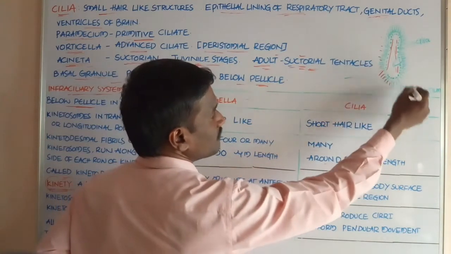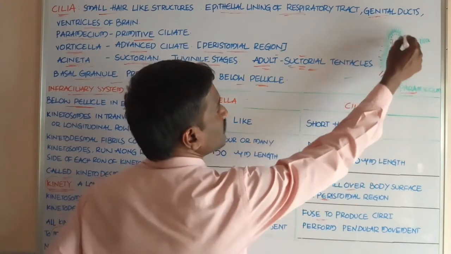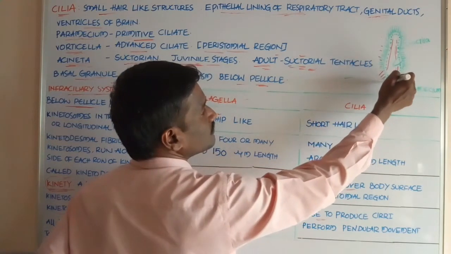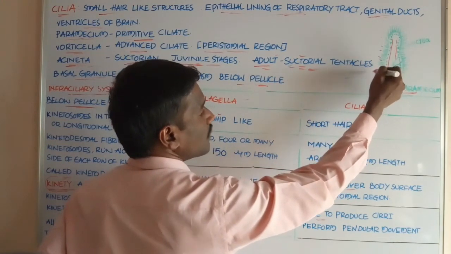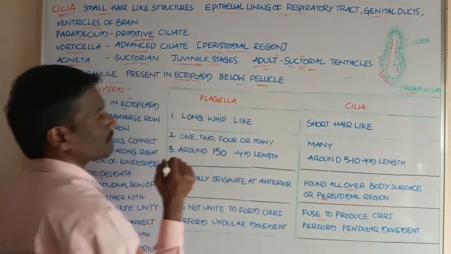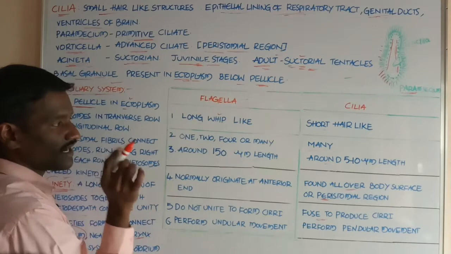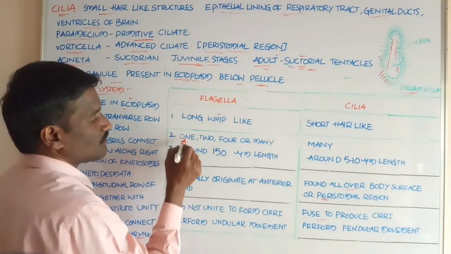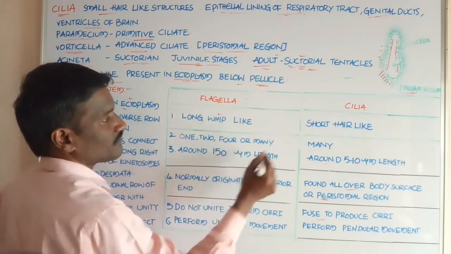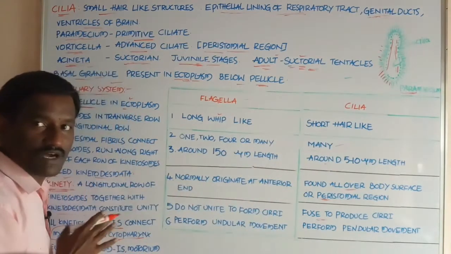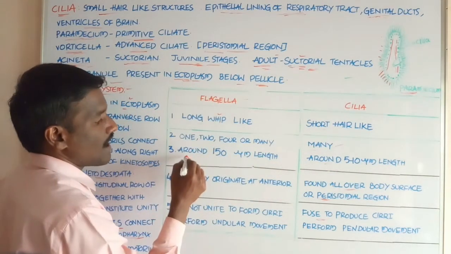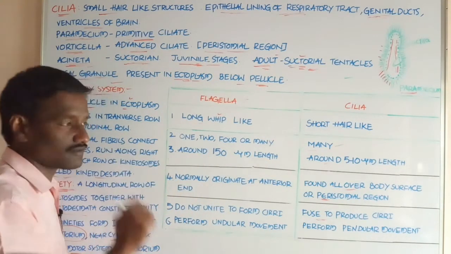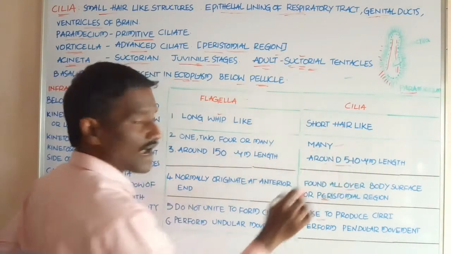If you observe Paramecium, the entire body surface is covered with cilia. In flagellates, a single mastigophoran protozoan has flagella numbering one, two, four or many. Cilia are always many in number. Flagella are around 150 micrometers in length; cilia are around 5 to 10 micrometers in length.